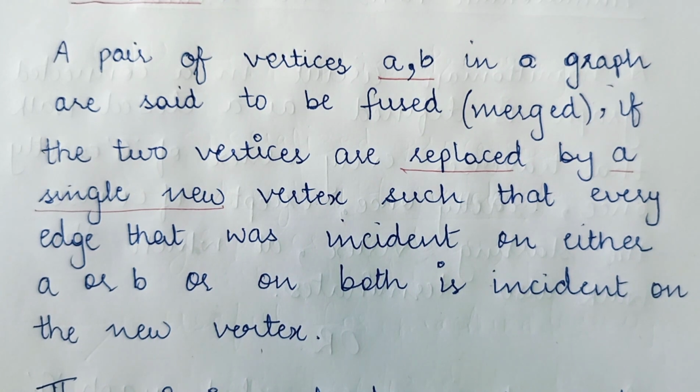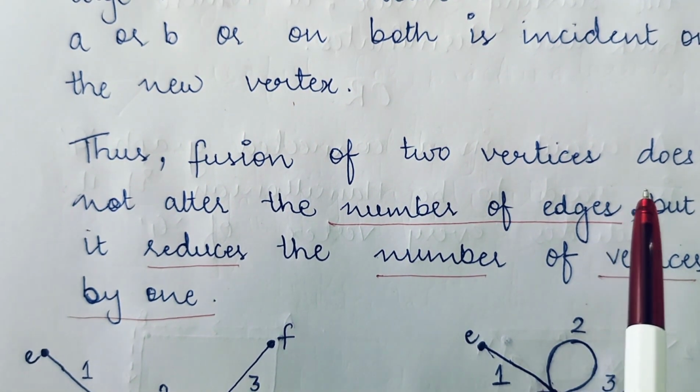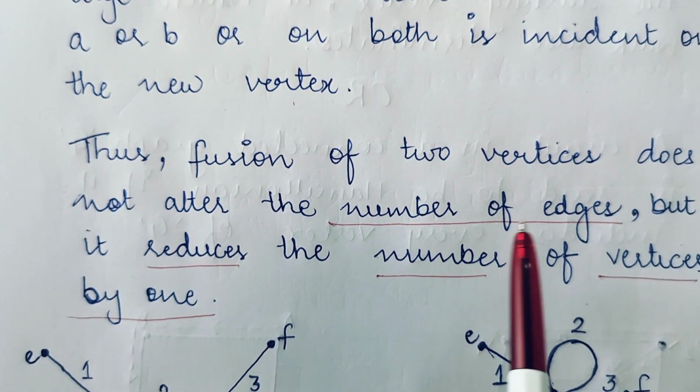So that means we have to preserve the incidence of the edges and the vertices. We will not alter the incidence of edges and vertices after the fusion of these two vertices. Thus, I can say that the fusion of two vertices does not alter the number of edges.